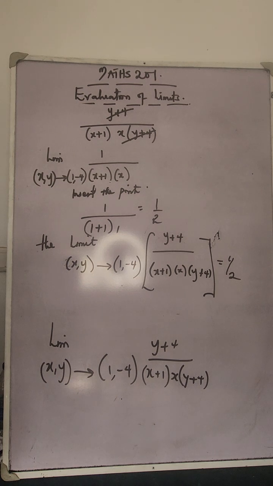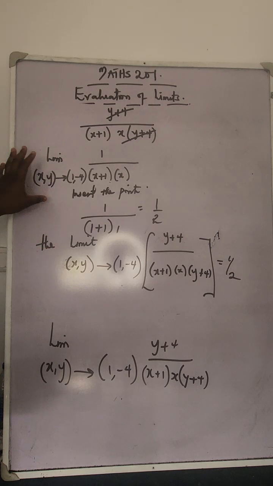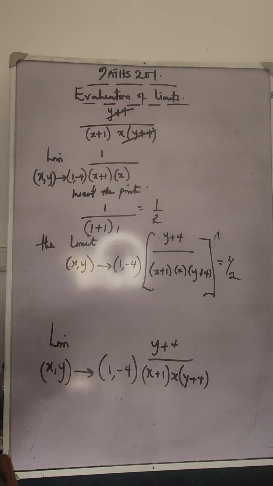So the limit to this question is 1 over 2. And why did we do that? We had to pass through this procedure because when you do a direct substitution and you have 0 over 0, you try another approach.